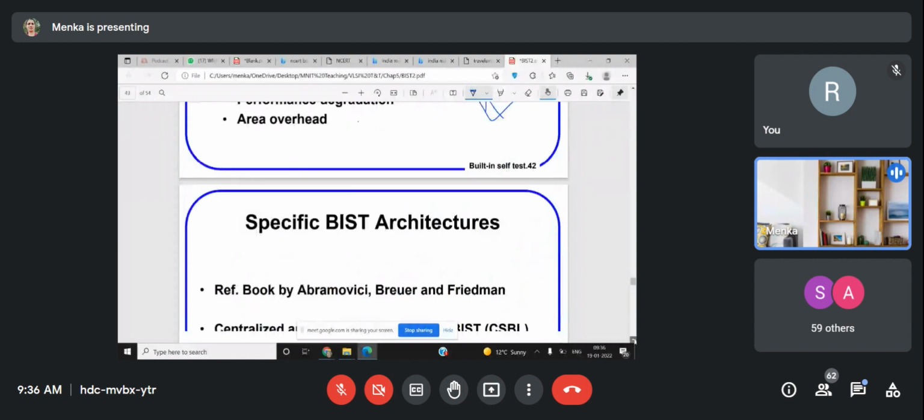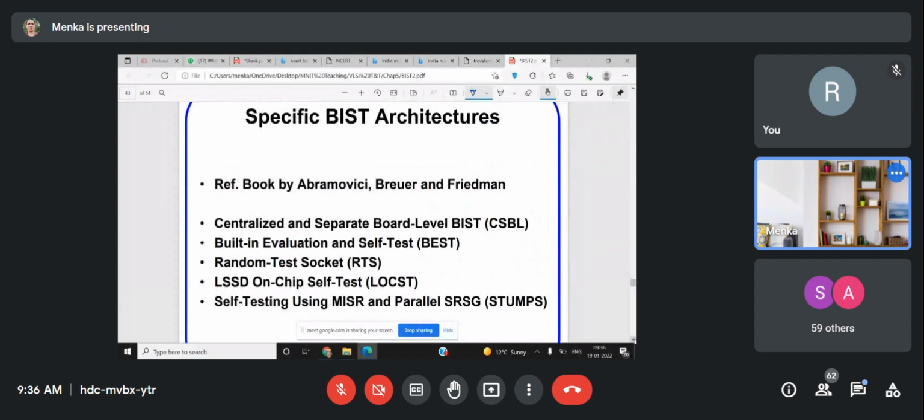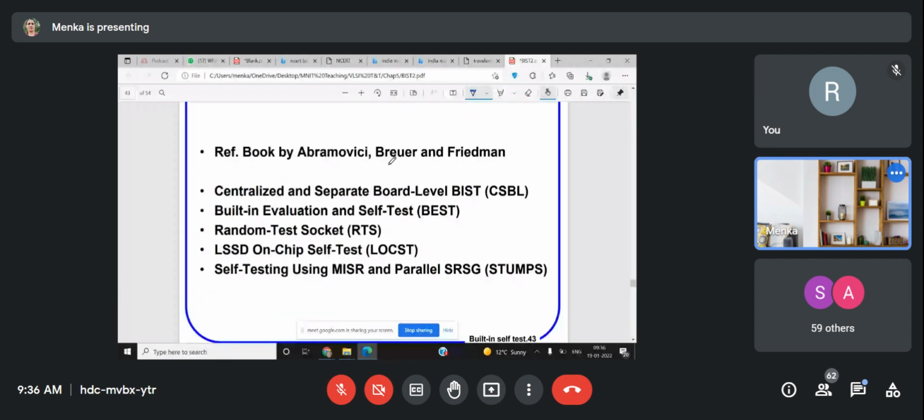So these are the references. This is the book I told you, and these are other BIST architectures, specific BIST architectures. As I told you, you may go to chapter number 10, 11 in order to read more details about this.